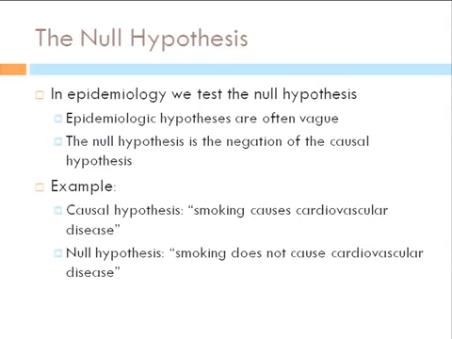So the null hypothesis is the negation of the causal hypothesis, right? So the causal hypothesis is, in this case, oral contraceptive pill leads to breast cancer. Okay, the null is just the opposite of that. Oral contraceptive use does not lead to breast cancer.